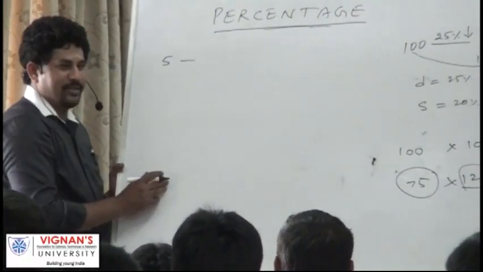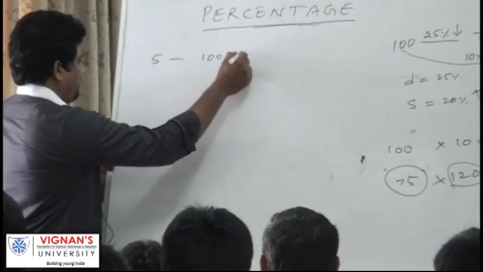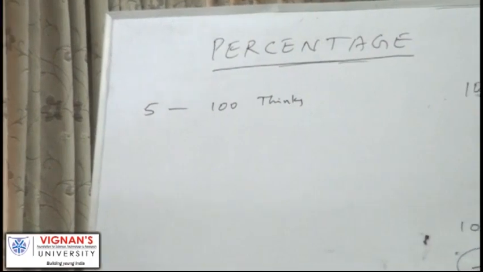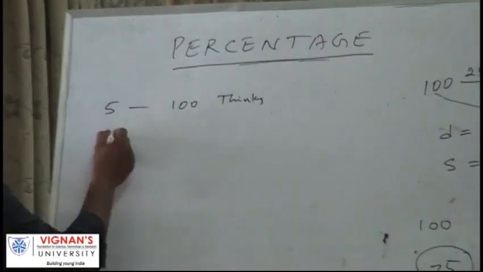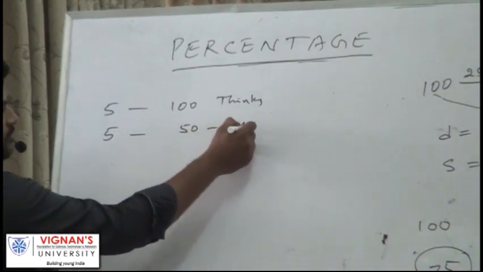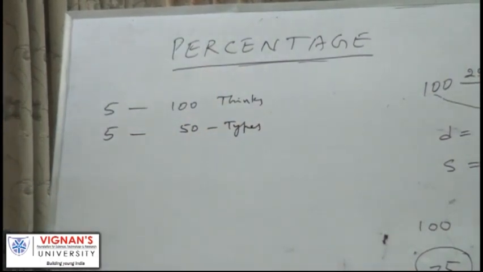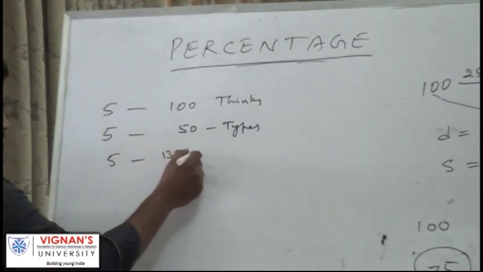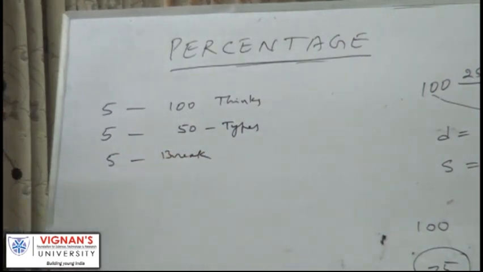First 5 minutes, he thinks of 100 lines of code. Next 5 minutes, he types 50 lines. Now the next 5 minutes is break time.